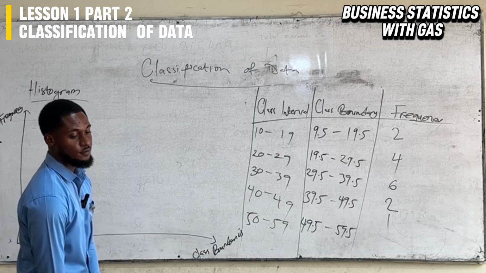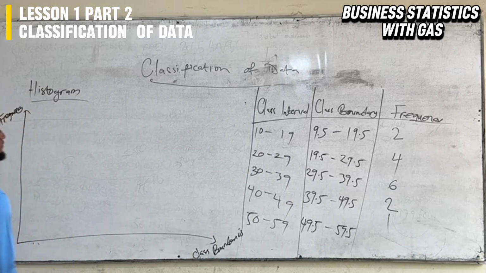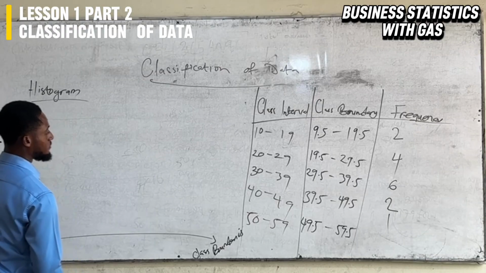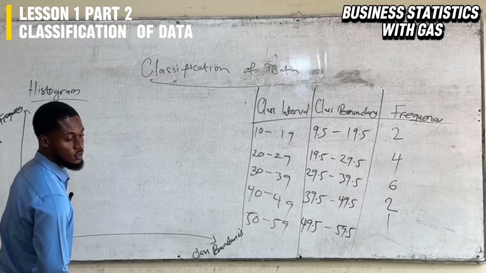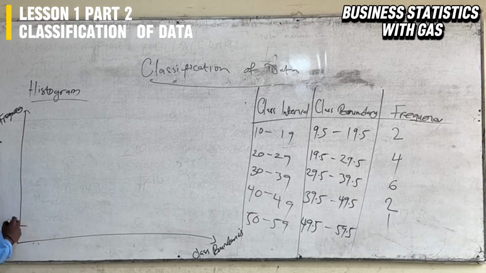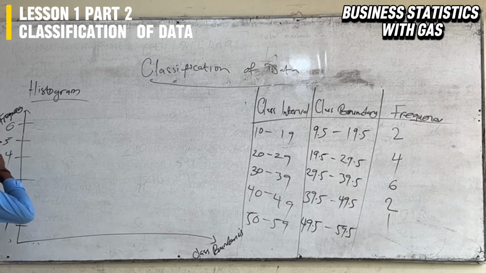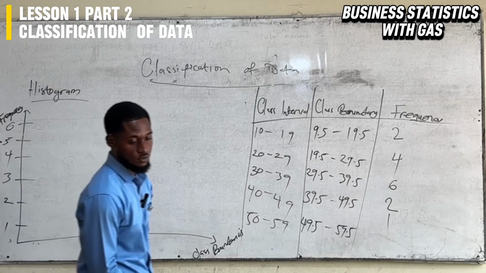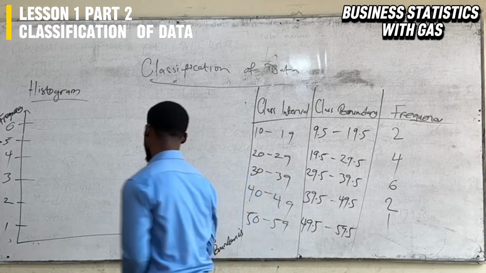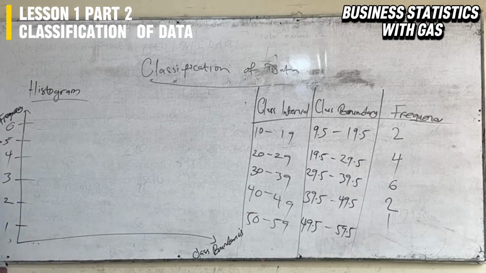So we have our frequencies to be what? We have our frequencies: 1, 2, 3, 4, 5, and 6. So now we state our what? Our class boundaries.